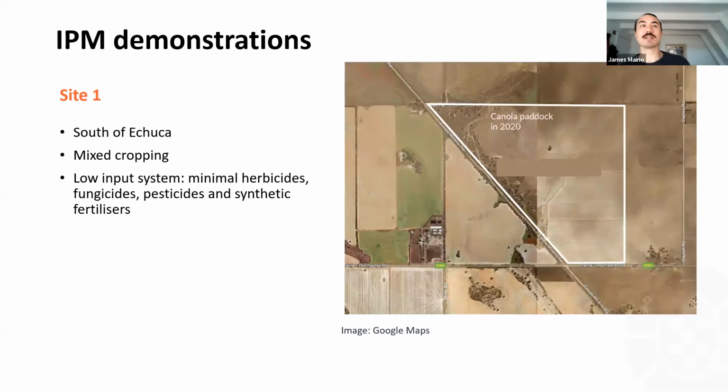And one thing I'm particularly excited about through this current investment is the scope to obtain further information on the costs and benefits of different management strategies, as well as testing some of these more novel management strategies in real life growing situations.